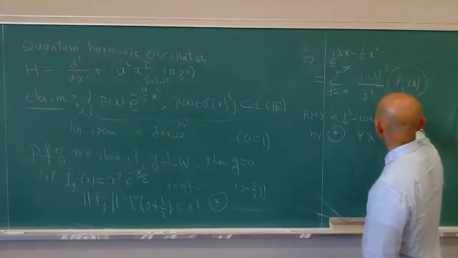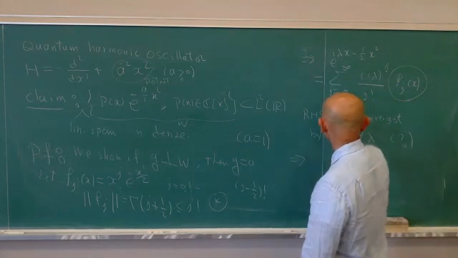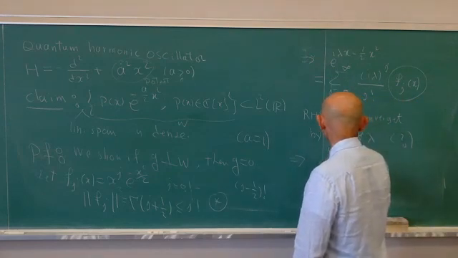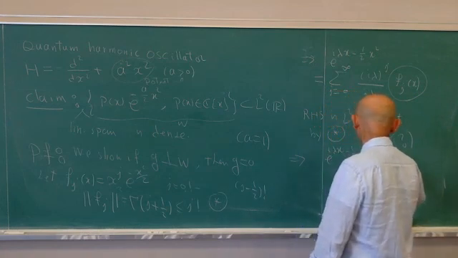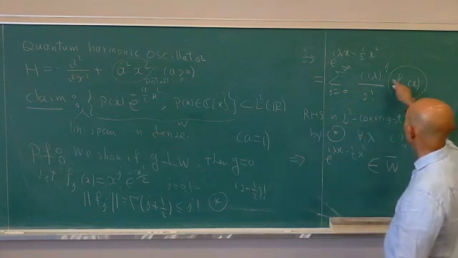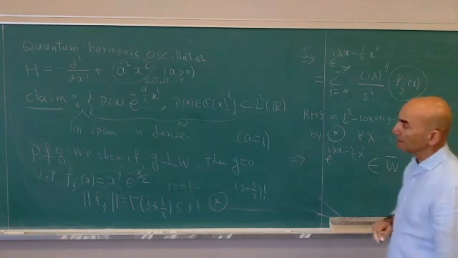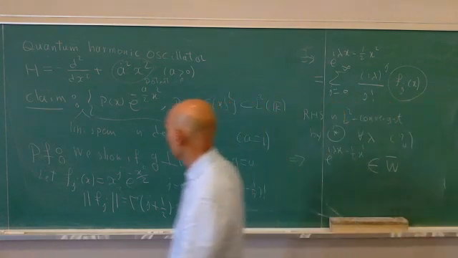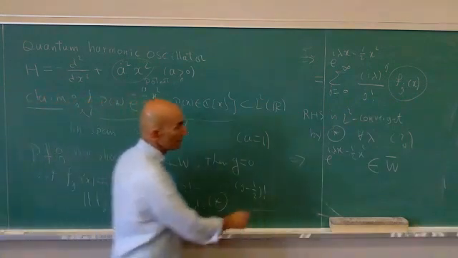So assuming I get this convergence, it means that this function, e to the i lambda x minus 1/2 x squared, actually belongs to the closure of W. Look, this is a sum of elements in W, but we are taking an L2 limit.